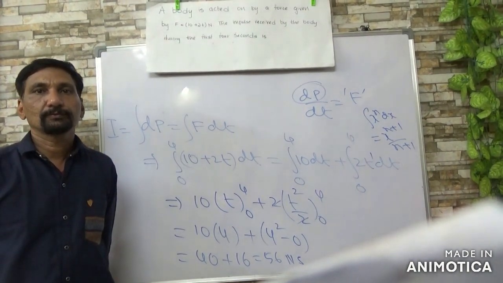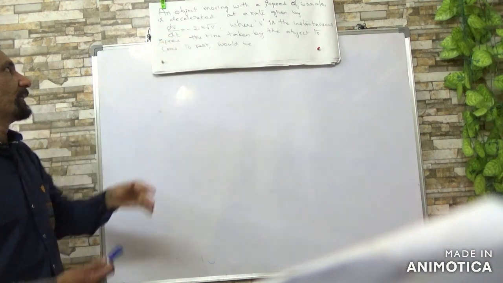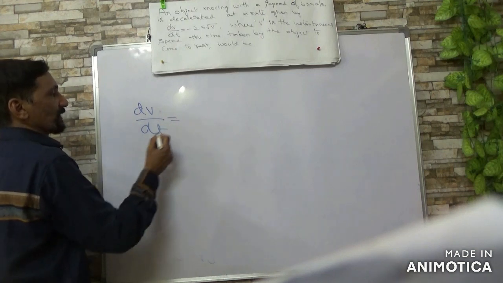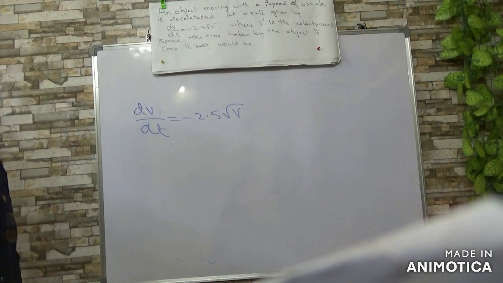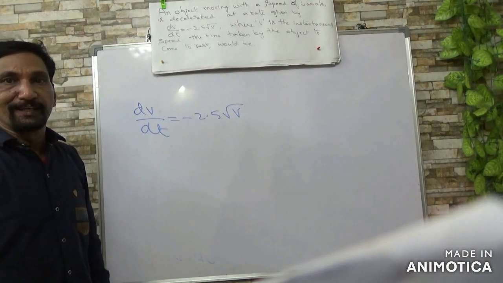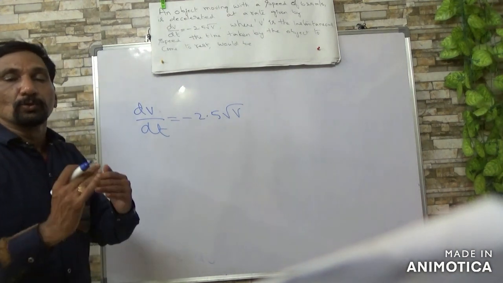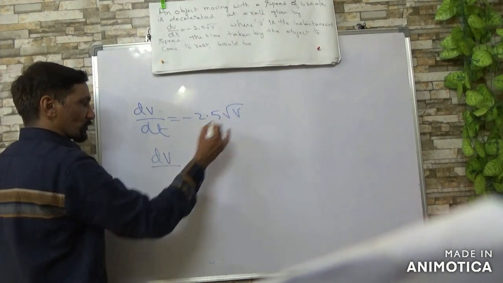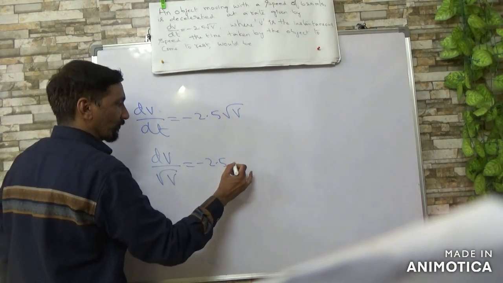Now about the given problem. dv by dt, the rate of change of velocity, is given as minus 2.5 root v. They said that in the beginning the particle is moving with 6.25 meters per second and decelerated, and you want to know the time taken by the particle to decelerate. If you bring all variables to one side, dv by root v equals minus 2.5 dt.